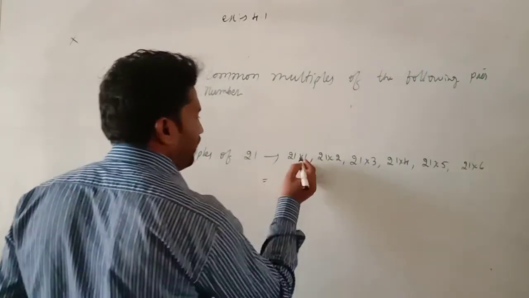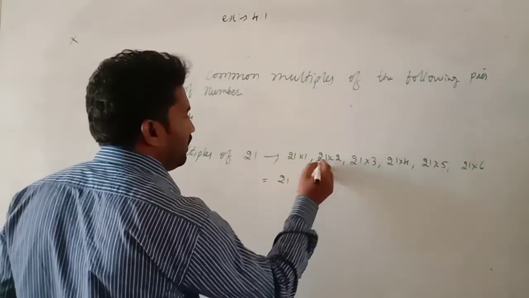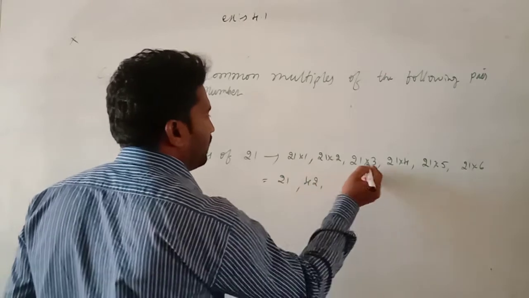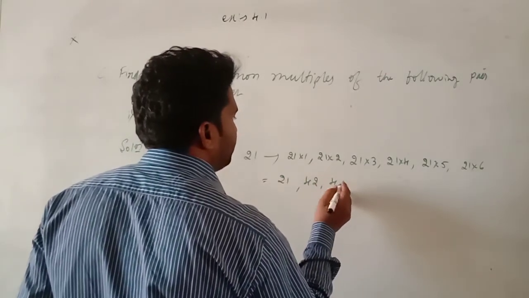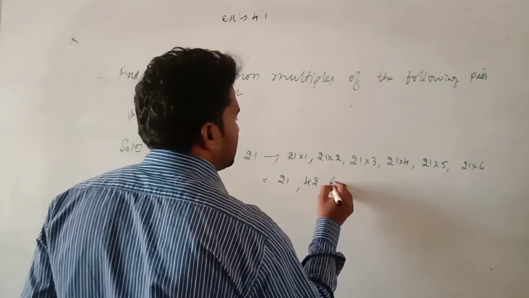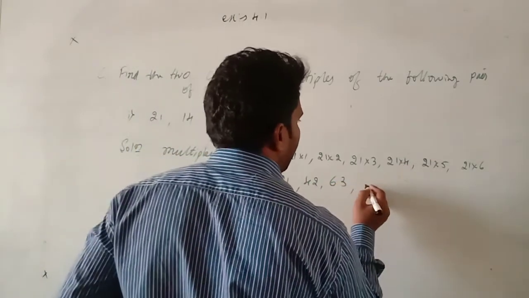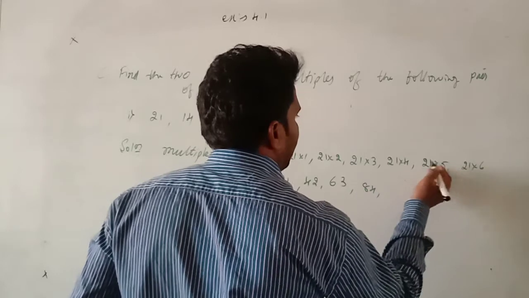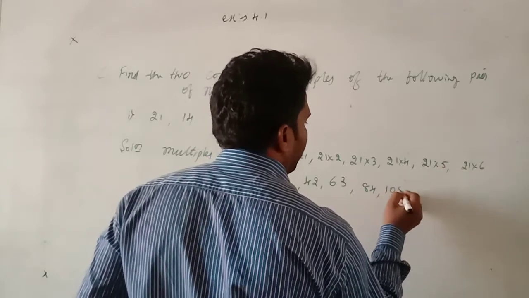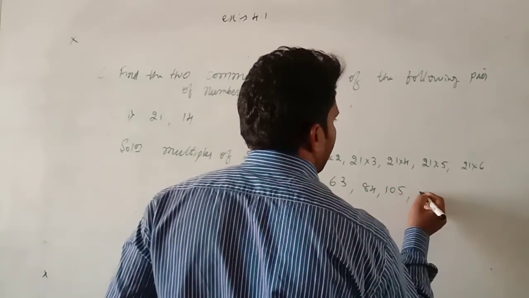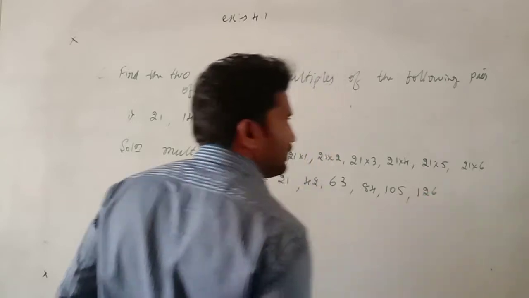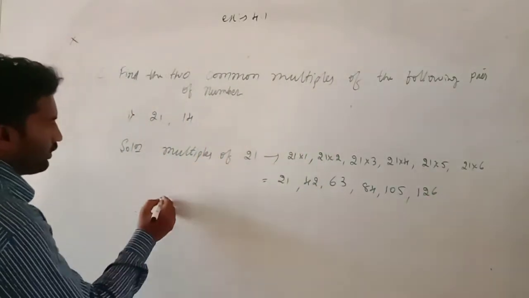So 21 times 1 is 21, 21 times 2 is 42, 21 times 3 is 63, 21 times 4 is 84, 21 times 5 is 105, 21 times 6 is 126.